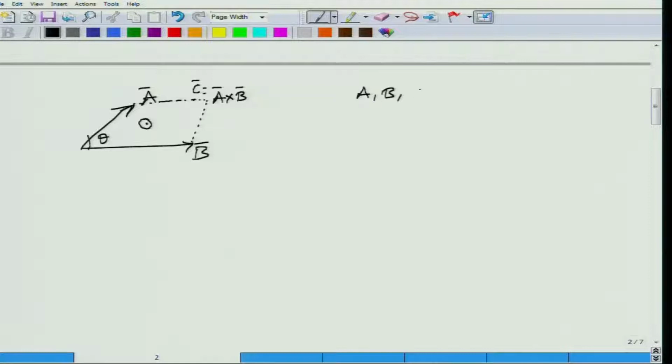However, you have a certain convention that you follow, and the convention is that the vector A, vector B and the cross product vector C would form a right handed set.